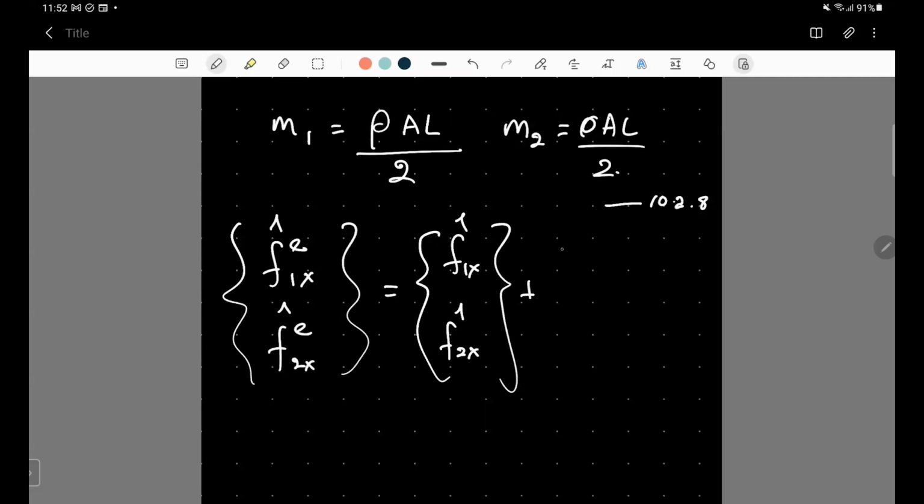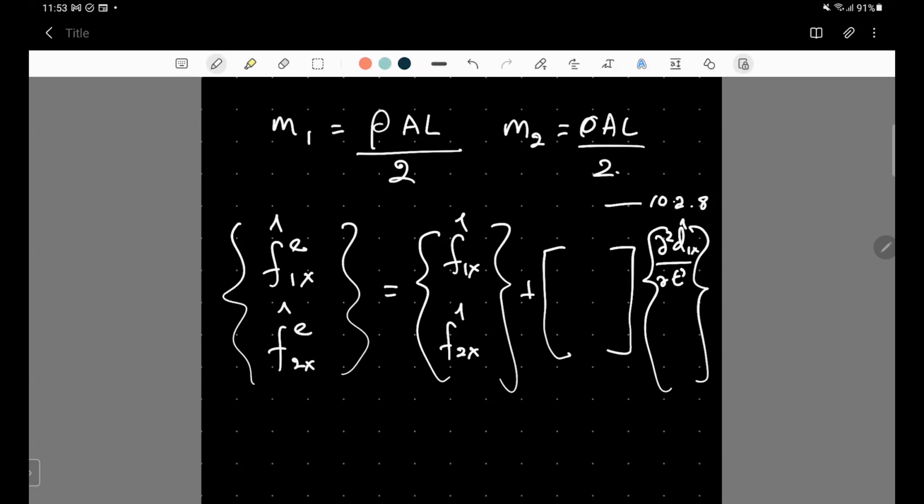Then we have contributions from the acceleration terms. We know that these have to be multiplied by the accelerations at node number 1 and node number 2, and we have to multiply with the mass matrix.